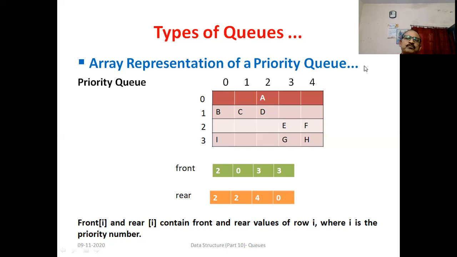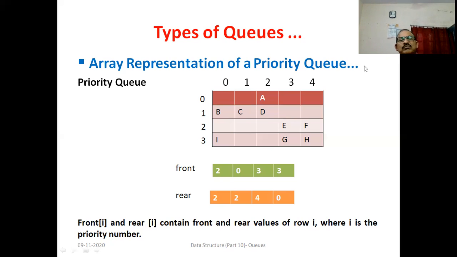Now, next point. For this purpose, instead of taking 4 separate priority queues, we take a 2-dimensional array. The number of rows in the array is equal to the number of priorities, or the number of priority queues in the system.